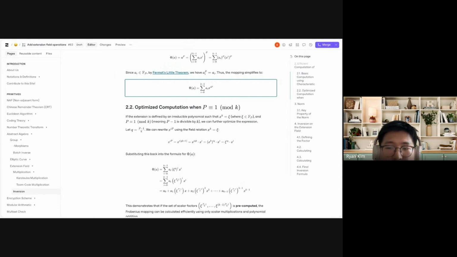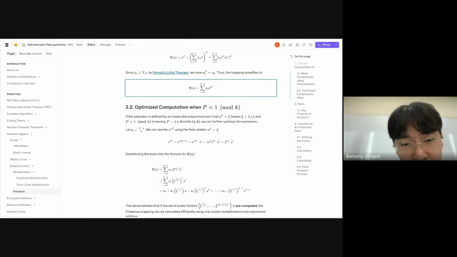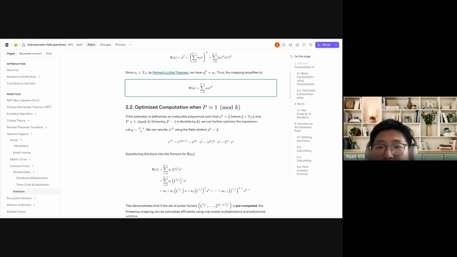I meant the P. So we're only considering P when P is 1 mod k, right? Yeah, but in most cases it's true, like k equal to 2, 3, 4, 5. It's very easy to construct a prime field with this assumption.